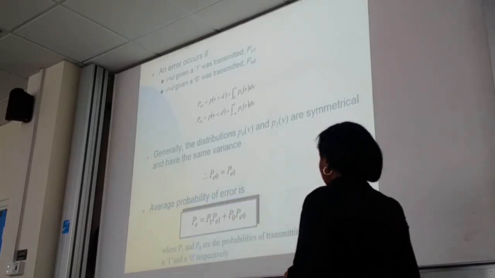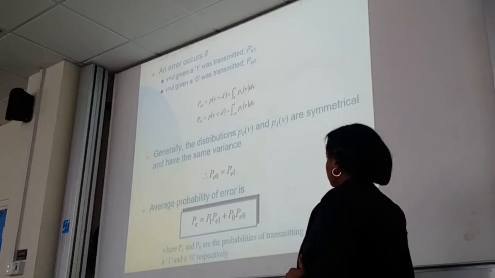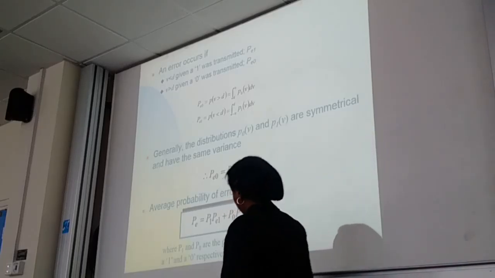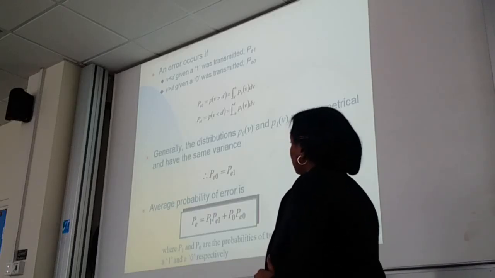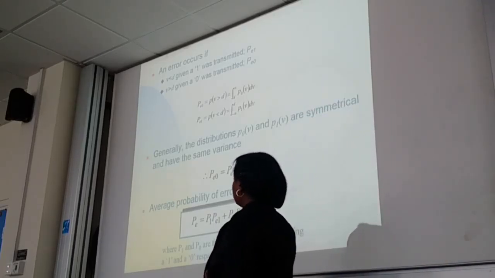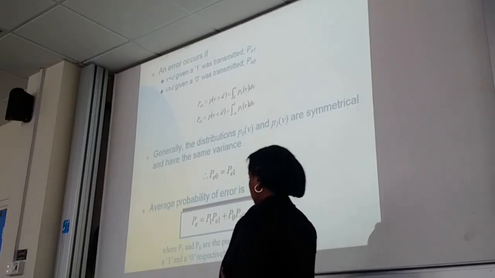Generally, these two distributions are assumed to be symmetric with the same variance, which will make the probability of error 0 equal to the probability of error 1.